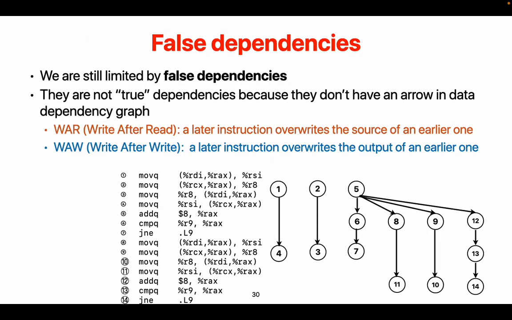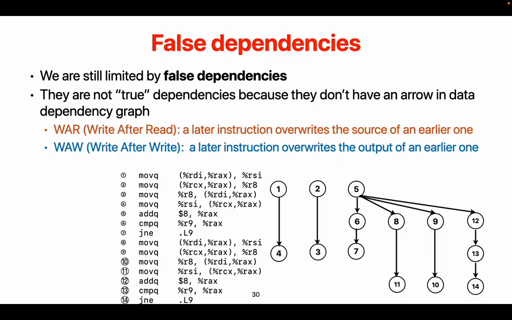And in fact, the reason why we cannot reorder those is because we have the so-called false dependencies. The false dependency means that those are not true data dependencies, because I said the definition of data dependency is only because a later instruction is depending on the value of an earlier instruction.